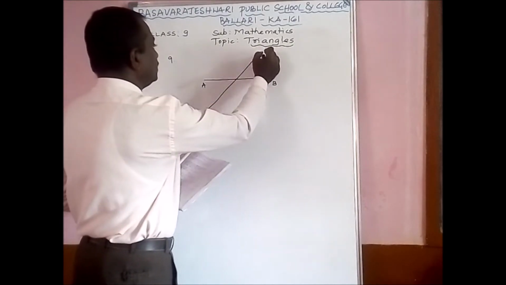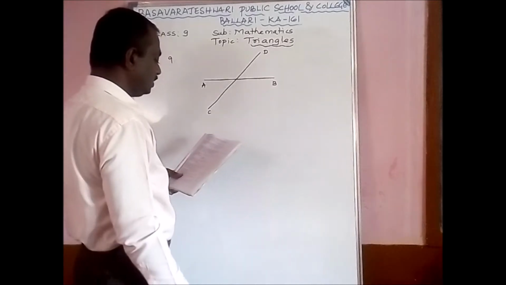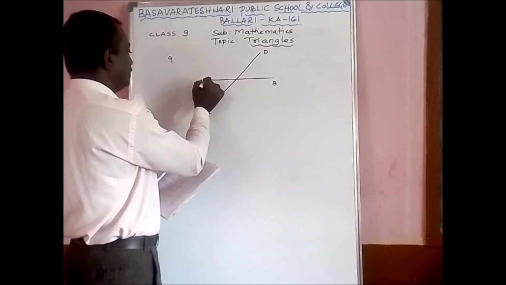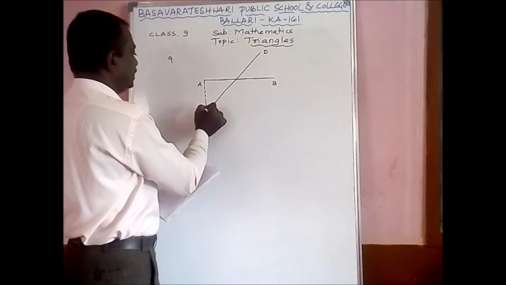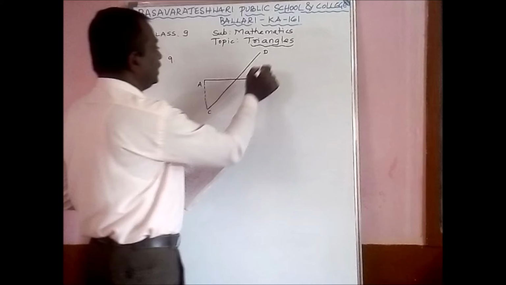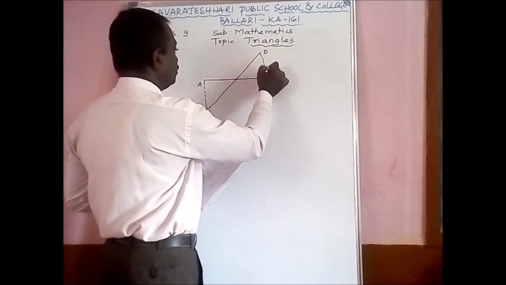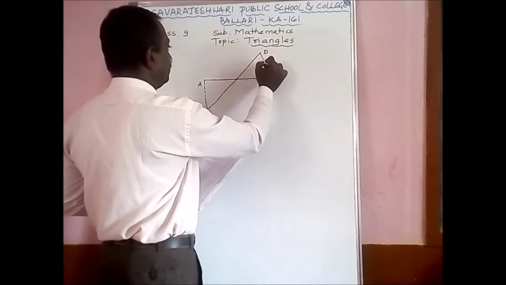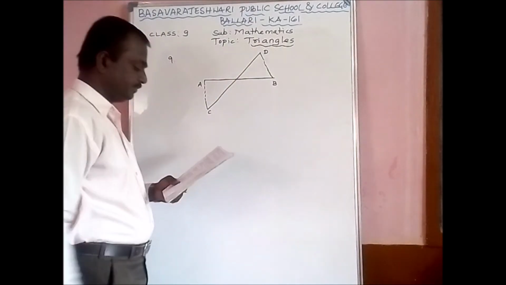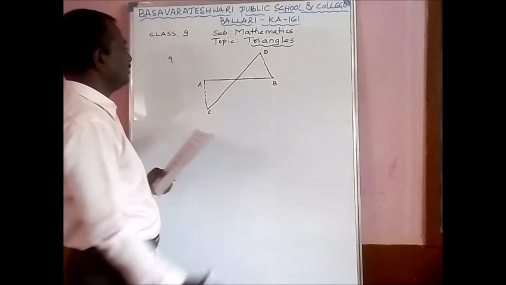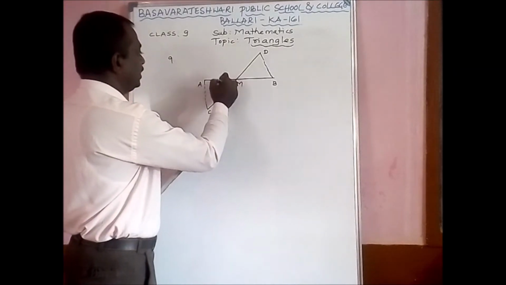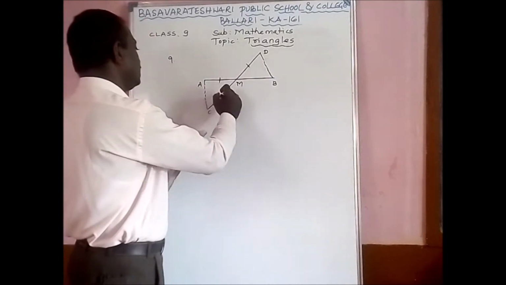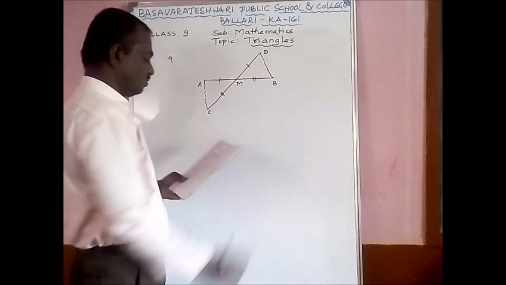This is C, this is D. So join AC, and join BD. And they are saying that AM is equal to MD. AM and MD are equal. CM is equal to MB. CM and MB are equal.